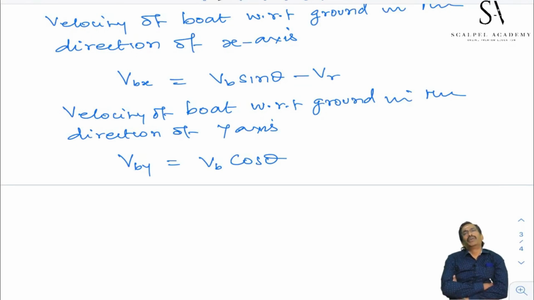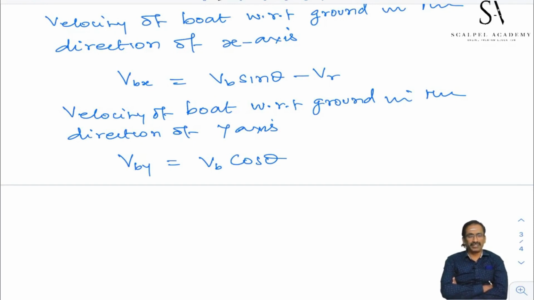Suppose you are moving towards the driver, want to say something to the driver, and walking with 2 kilometer per hour. The bus is moving with 50 kilometer per hour. So your velocity is 50 plus 2, 52 kilometer per hour.